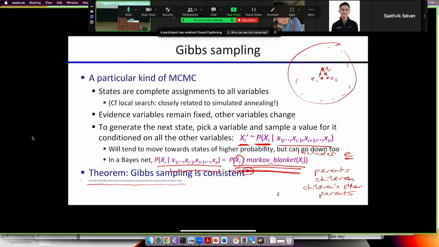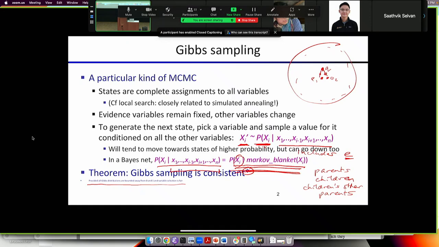And so you would probably sample more around the query and around the evidence variable to get information propagated from the evidence variables quickly. And this hasn't actually been studied very much. Most algorithms in practice just choose uniformly at random, or they cycle through all the variables. But I think there's a lot of scope for more intelligently directed sampling, and Gibbs sampling allows you to do that. You have total freedom.